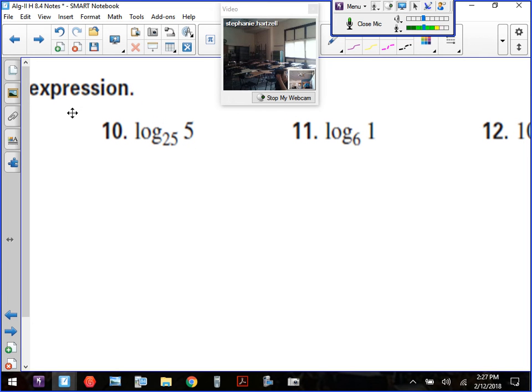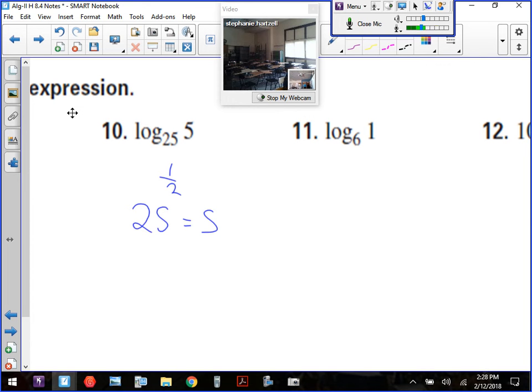What's log base 25 of 5? So again, what you're saying is 2, right? So that means you're saying that 25 squared is 5. Remember, remember equivalency forms.